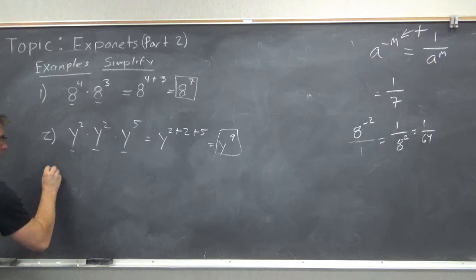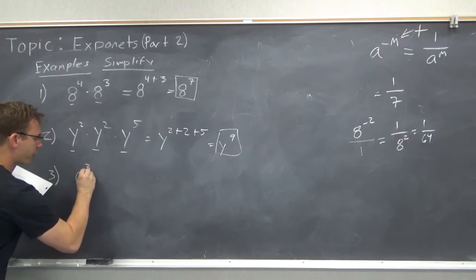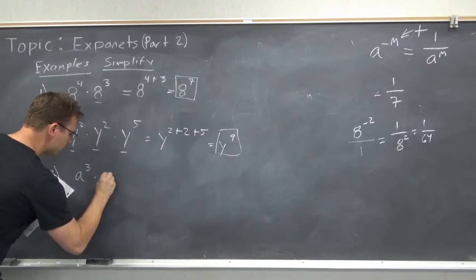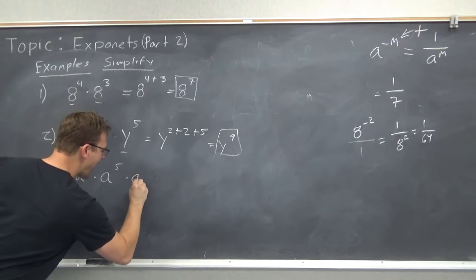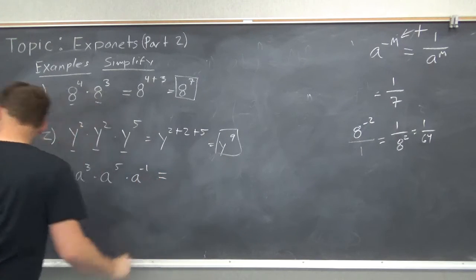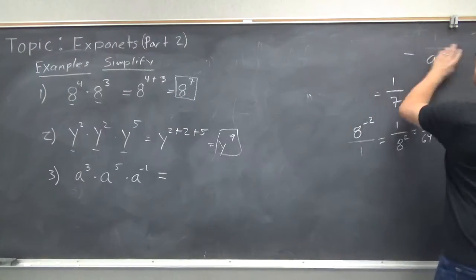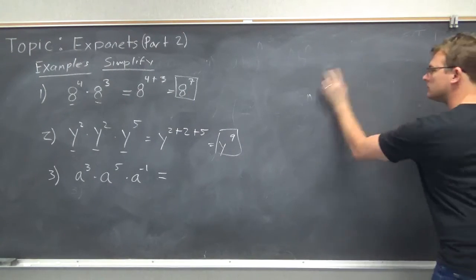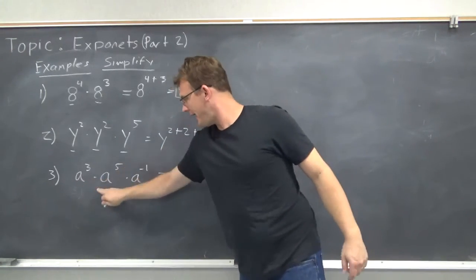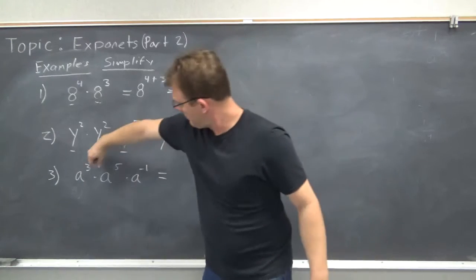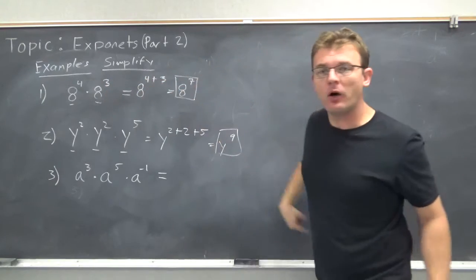Number 3. a to the third times a to the 5th times a to the negative 1. Okay? So, you're multiplying, add the exponents.